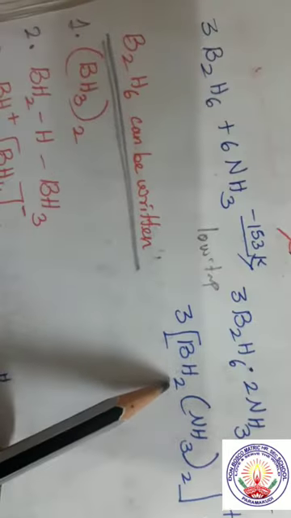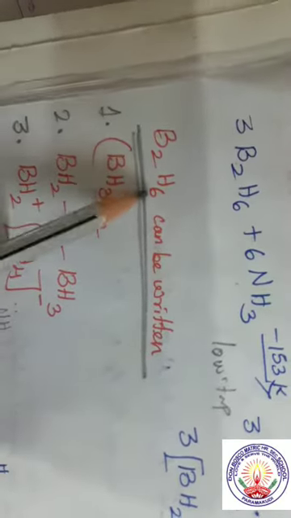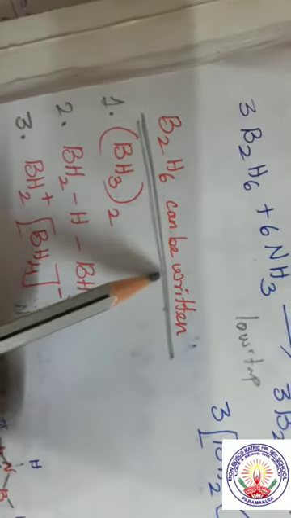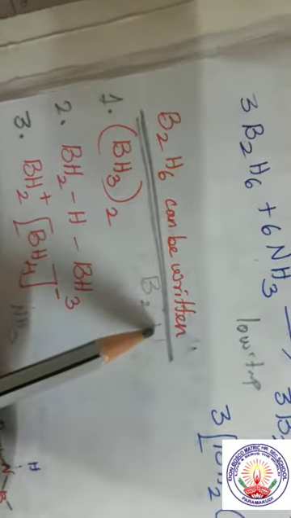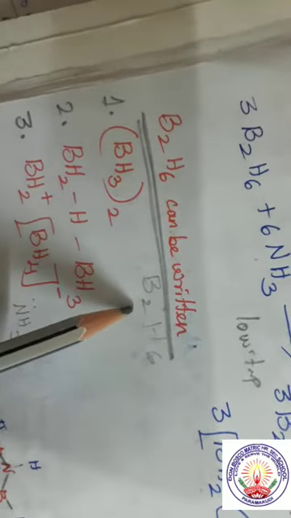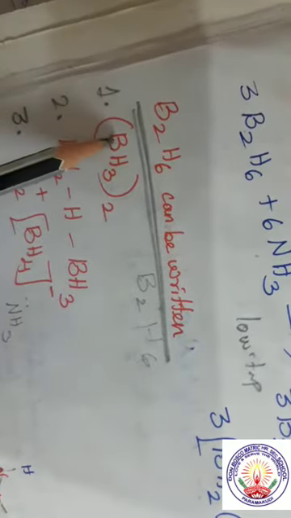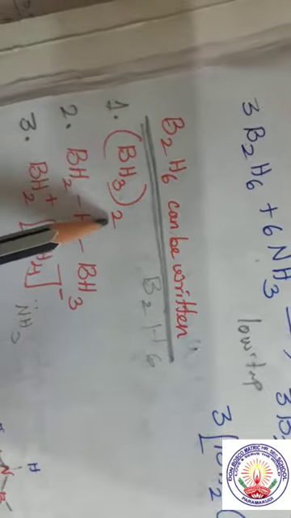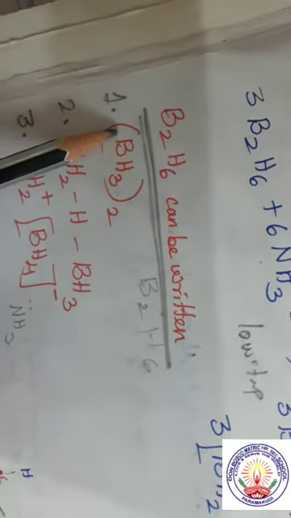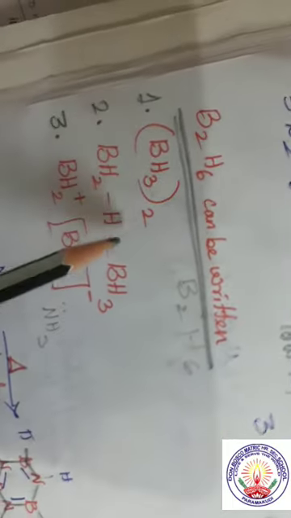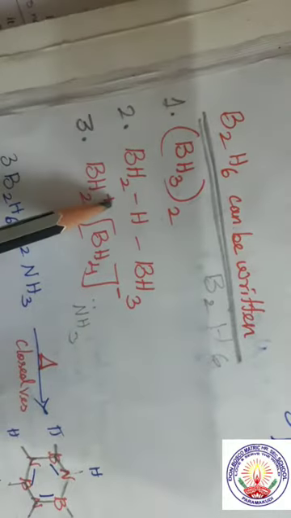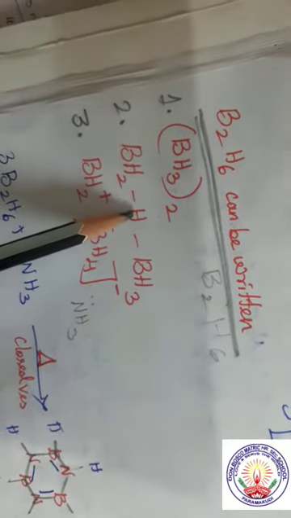This can also be written like this. From where do we get it like this? Look here, this diborane can be written. Its molecular formula is B2H6. So 2 boron and 6 hydrogen. Look here, BH3 twice. So 2 boron, hydrogen 6. And this also can be written BH2H.